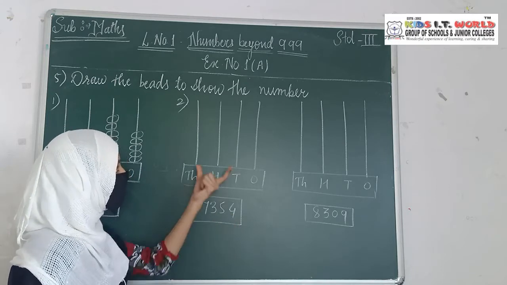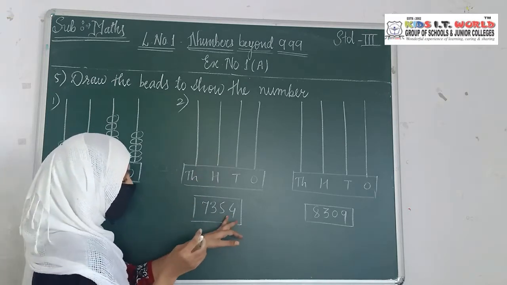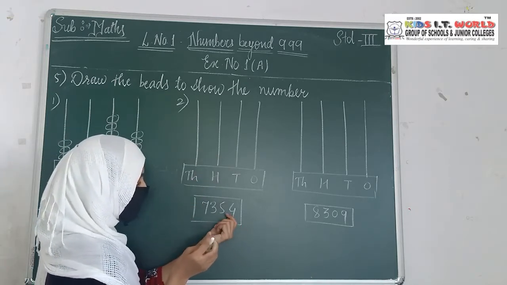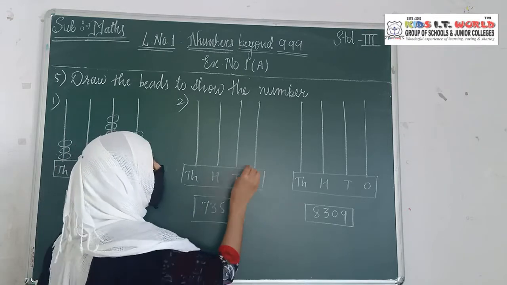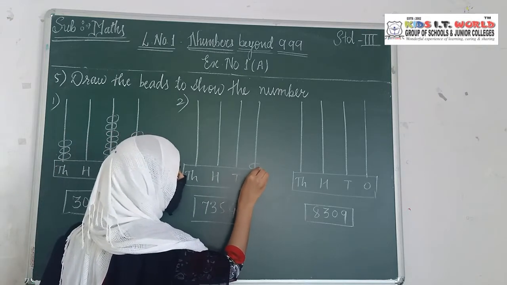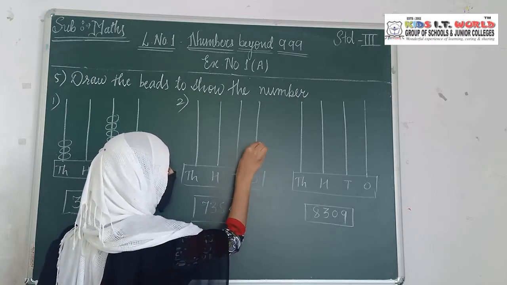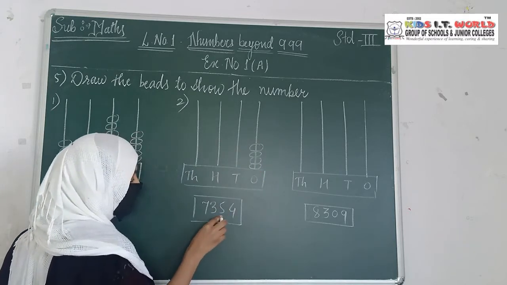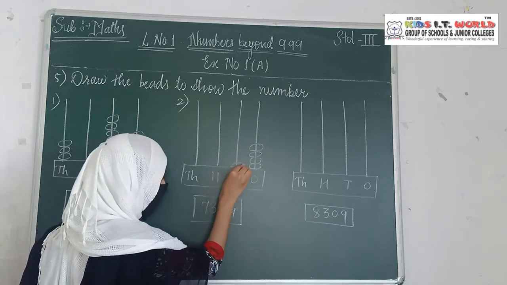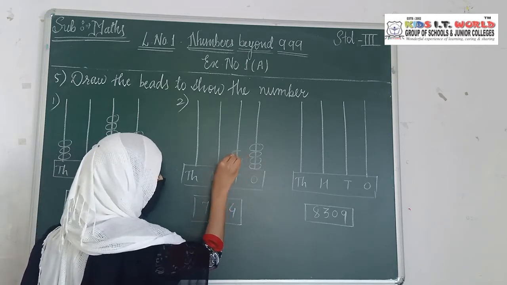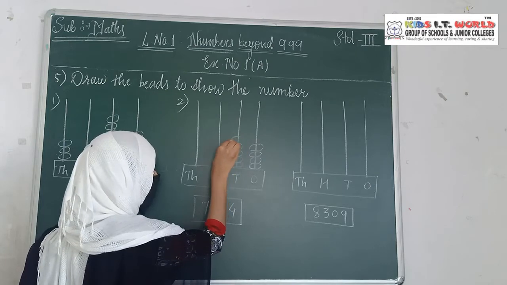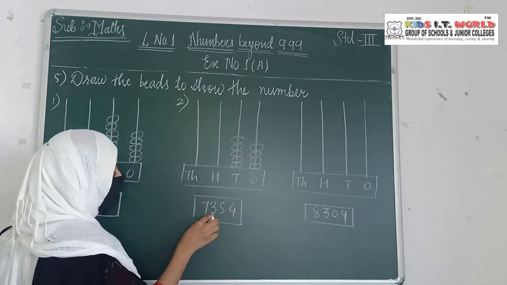You have to show this number on the abacus chart. So we will start from the ones. How many are there? It is 4. So we have to draw 4 beads here. 1, 2, 3, 4. On the tens it is 5. So 1, 2, 3, 4, 5. On the hundreds it is 3.